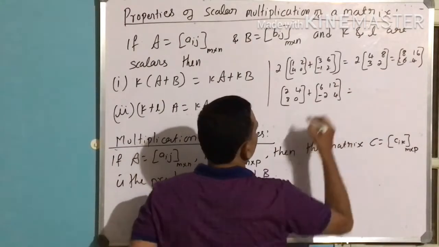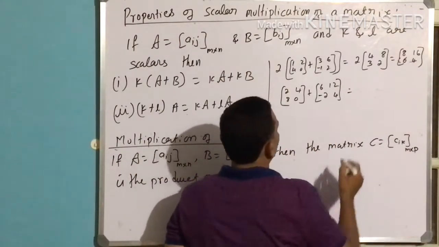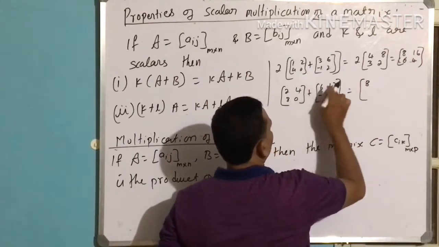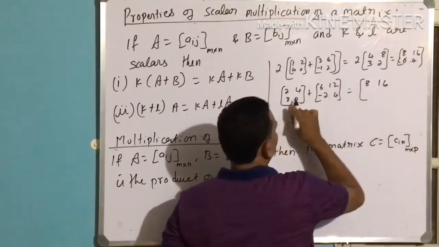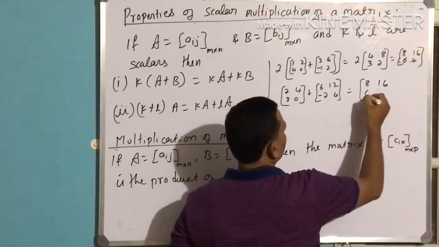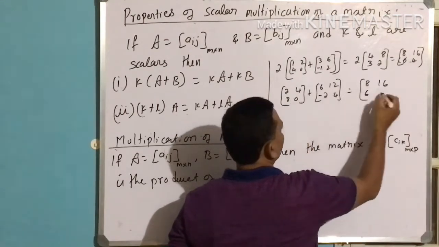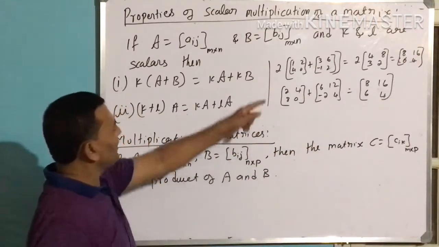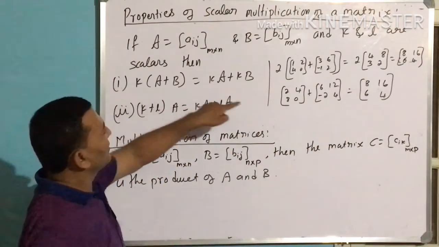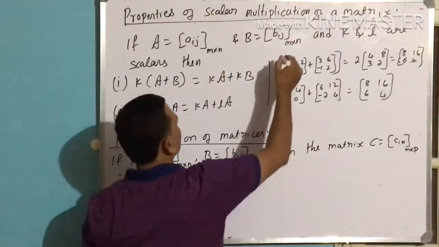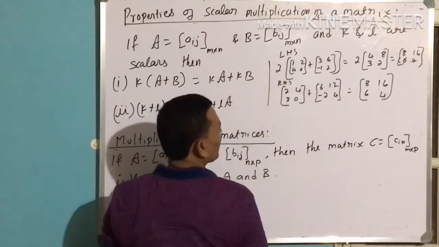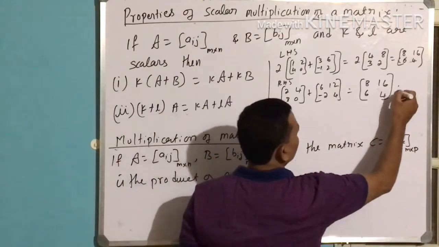Now we will see its result. 2 plus 6 is 8, 4 plus 12 is 16, 8 plus minus 2 gives you 6, 0 plus 4 is 4. We see both are the same. In the first case I have taken the LHS, in the second case I have taken the RHS, and we can find both are the same.